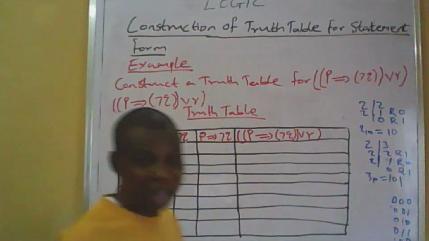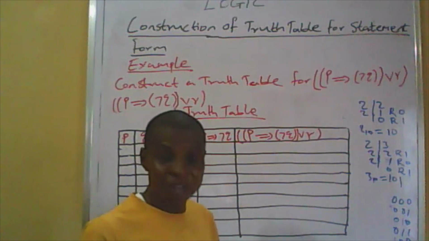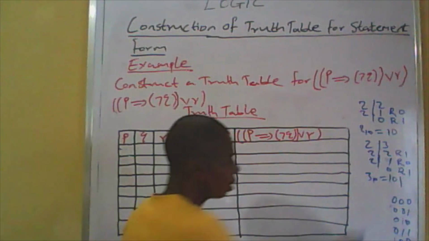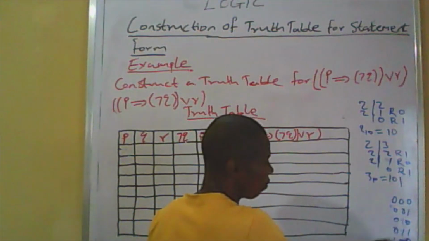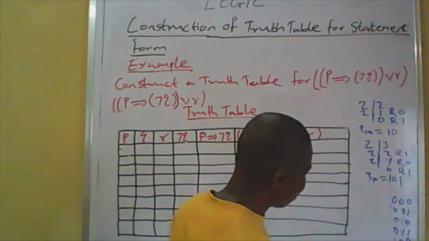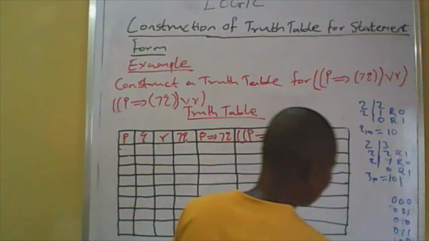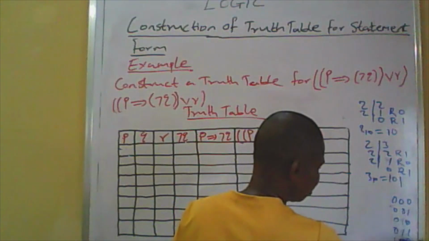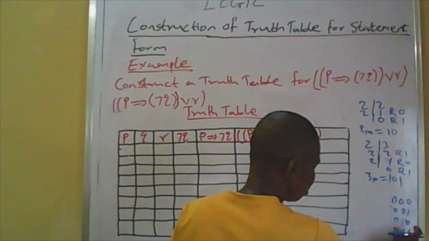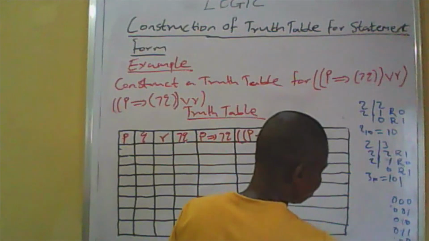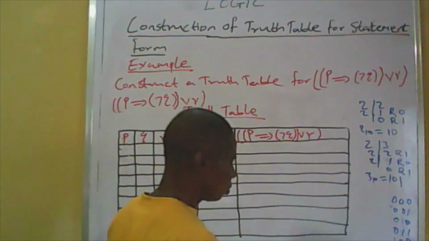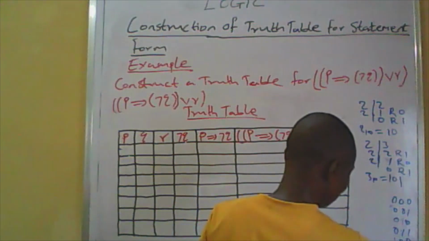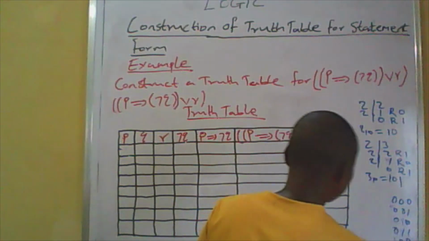That is another number that involves 0 and 1. So we count them: 1, 2, 3, 4, 5, 6, 7. No, it is 7, that's why we skipped. We have 000, 001, 010, 011, 100, 101, 111.